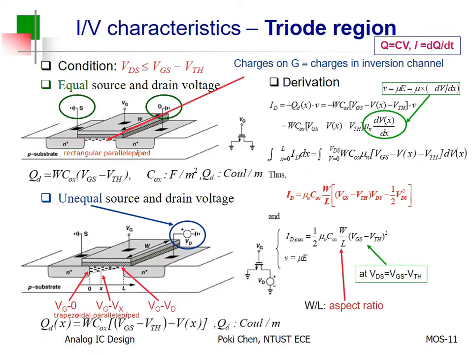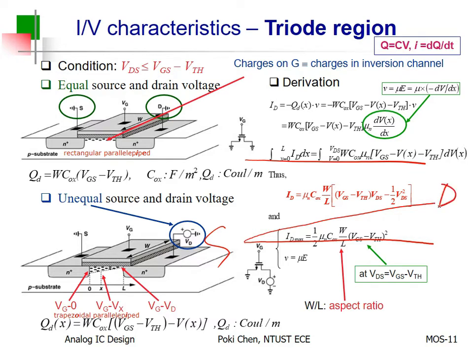The gate voltage here, and the source as the reference ground. If you apply a high voltage to the drain, the voltage between source and drain will look like that. This is the drain and that is the gate.